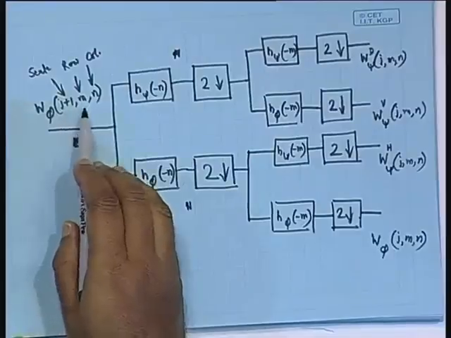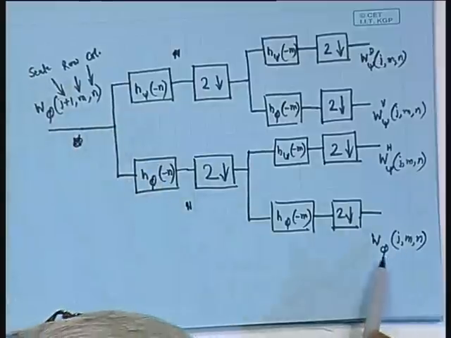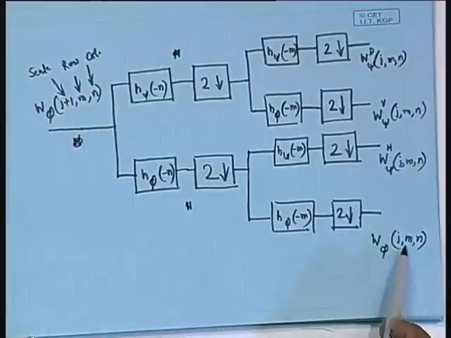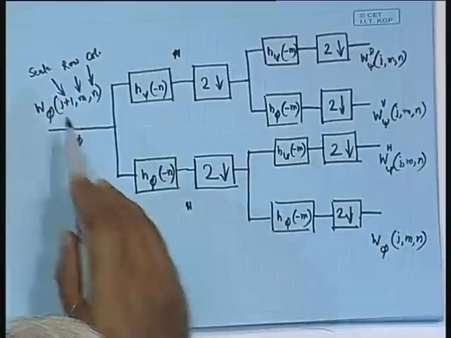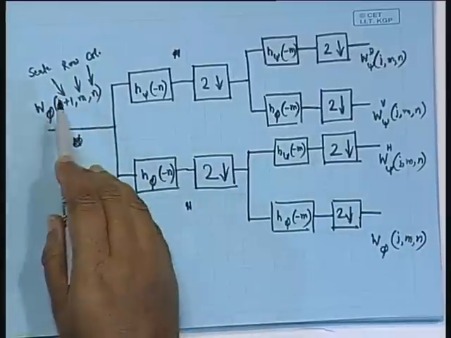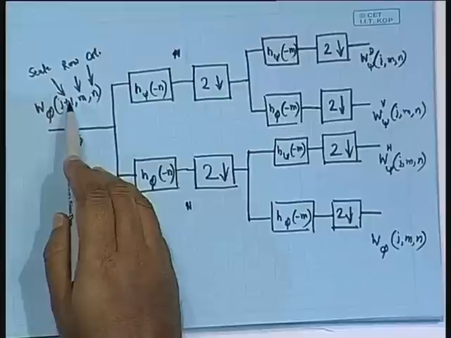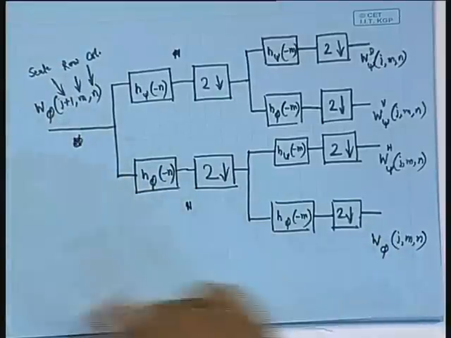Now, look at something interesting. What was our starting point? Our starting point was W phi j plus 1 m n, and in this case what have we got? W phi j m n. So, what is the difference between this and this? Only that j plus 1 is changed here to j, all right.